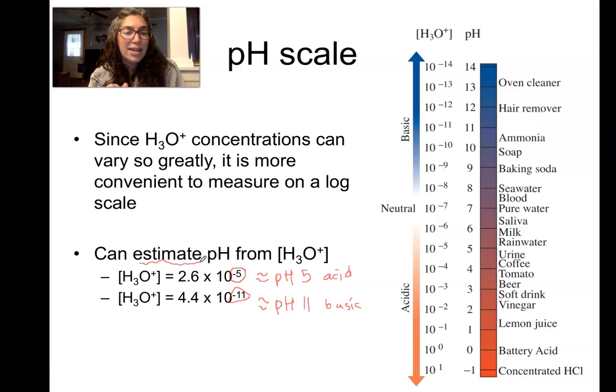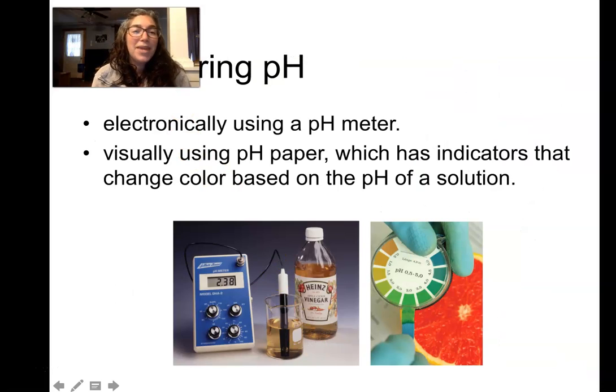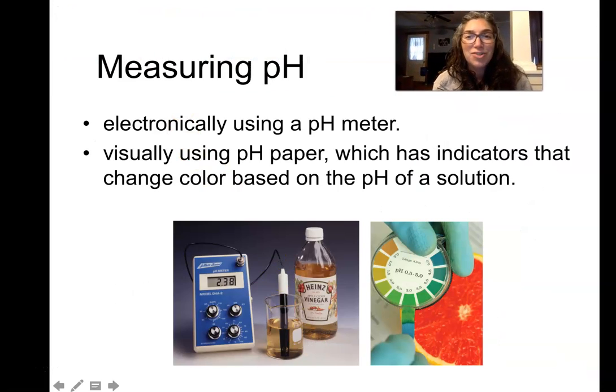In any homework problems that I give you, like from the textbook, I would just want you to estimate it. I'm going to try to find ones online where it'll be exact, where this number is 1.0 times 10 to the whatever, because then the estimate will be the exact pH. pH can be measured using a pH meter, which is a machine that can measure the hydrogen ion concentration and give you a more exact number.